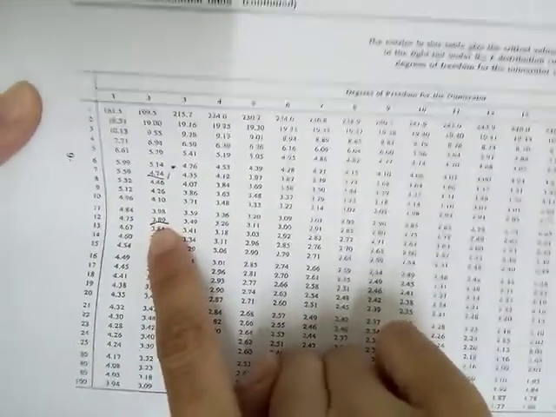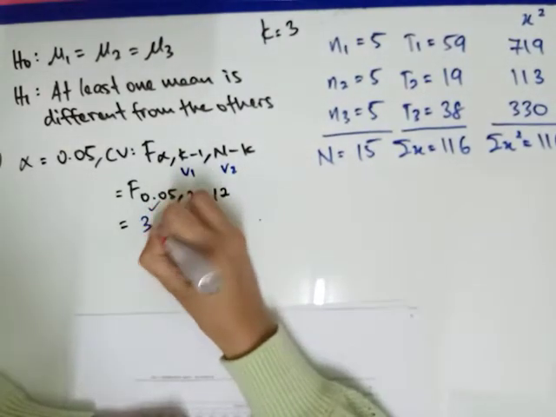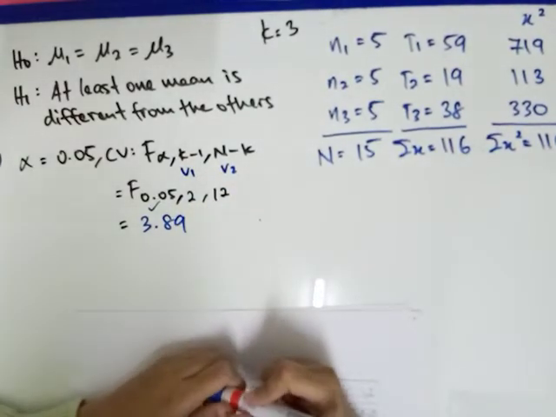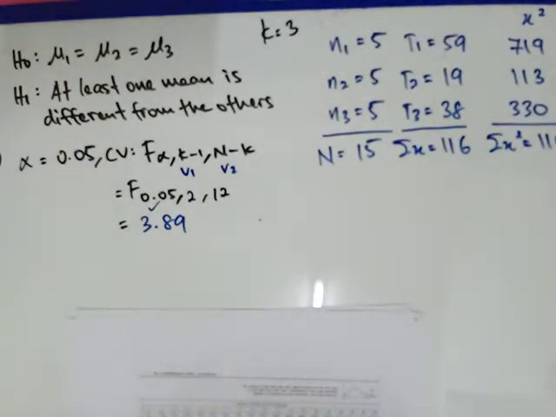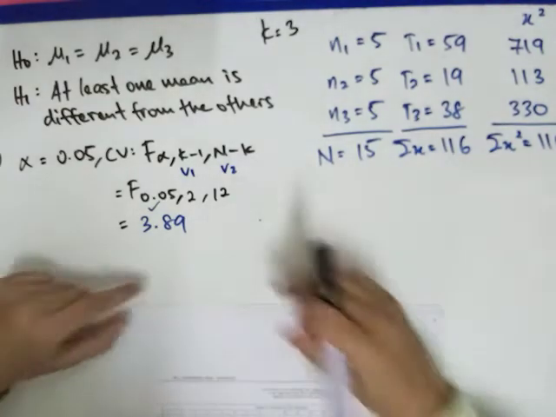Boleh nampak dah? So the answer for critical value is 3.89. Faham lah how to find the value for critical value for F-test distribution. So this is second step.